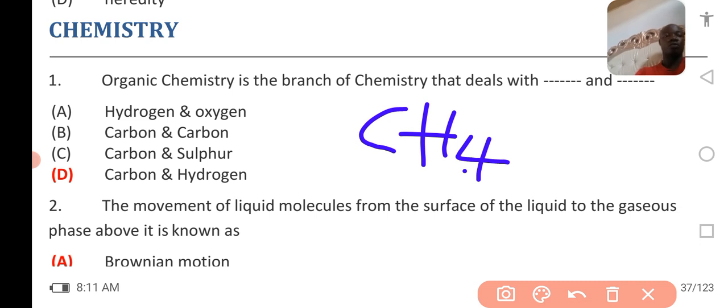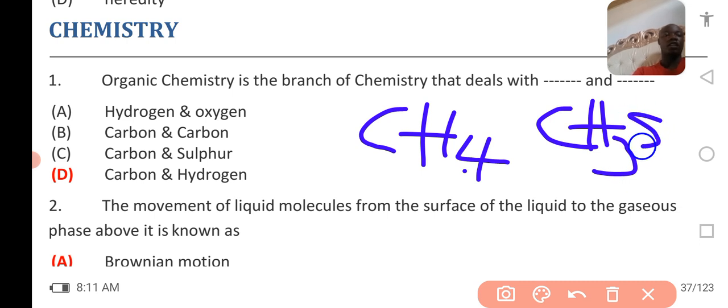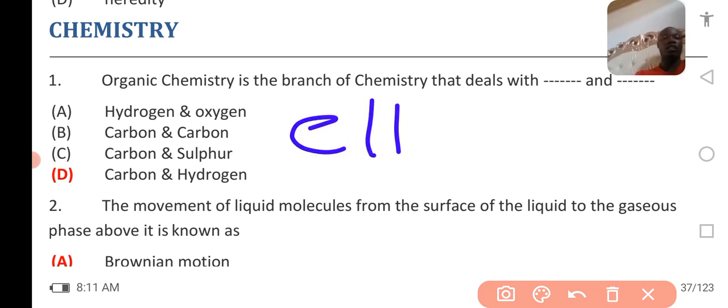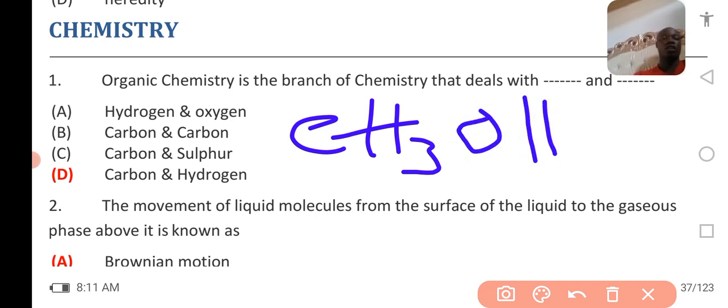So also if we have something like this, CH3SH is also an organic compound, but we have sulfur here. We can also have something like this, CH3OH. We have oxygen. This one is also an organic compound.